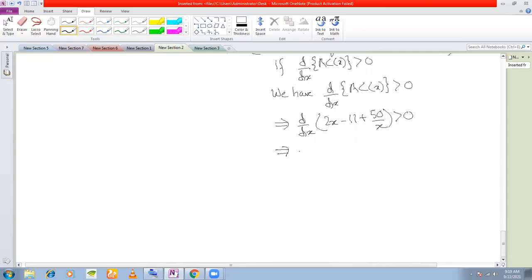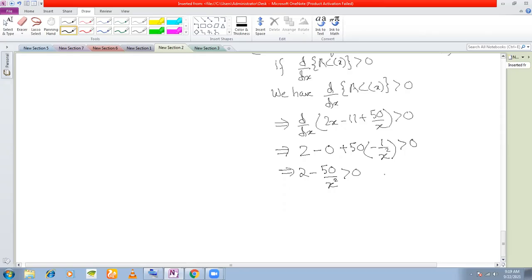That means you differentiate this, you get 2 minus 0 plus 50 into minus 1 by x square is greater than 0. So therefore you are going to get 2 minus 50 by x square is greater than 0.